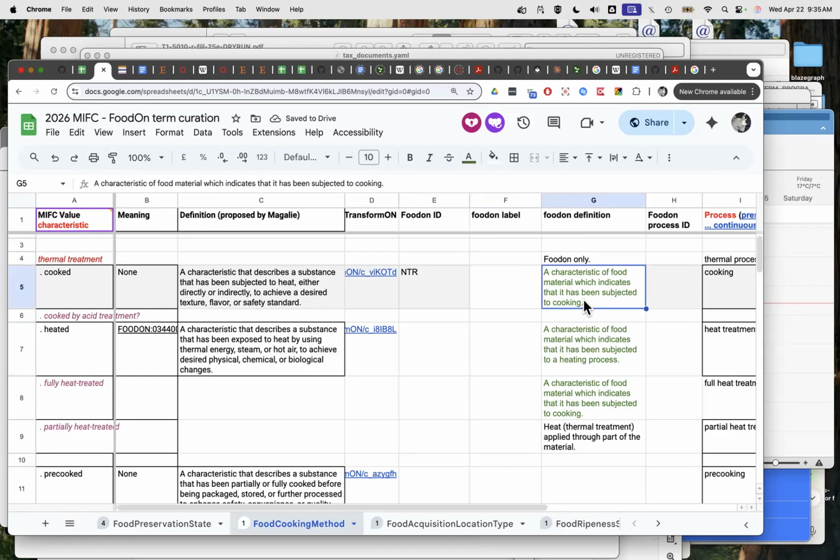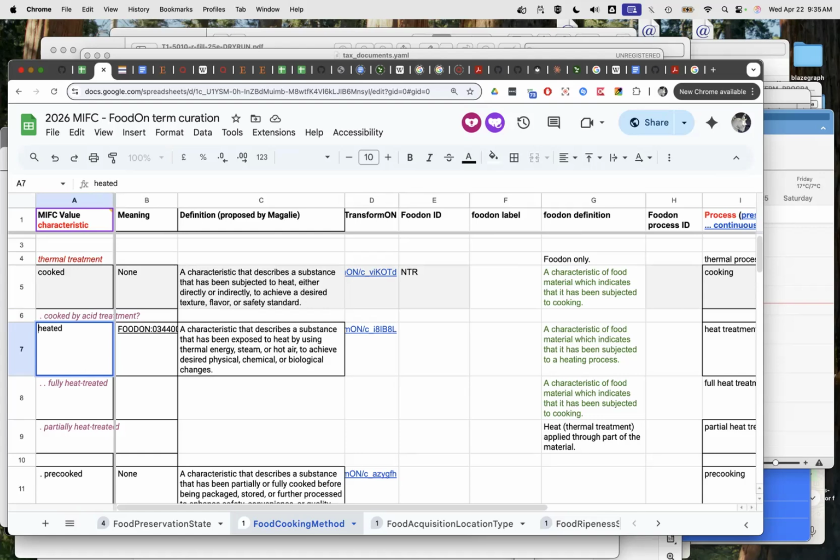But I will say that cooked or cooking is not always a child of thermal treatment. Right, exactly. So you have to say cooked and cooked by acid treatment. You can have cooked in a separate class, not under thermal treatment.